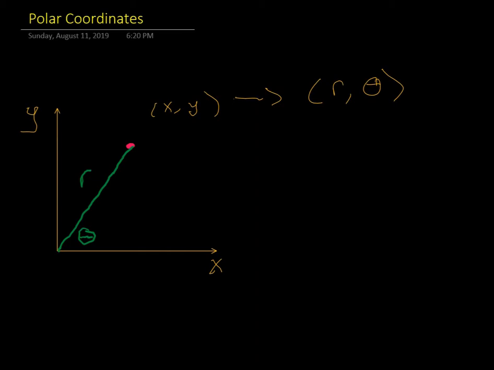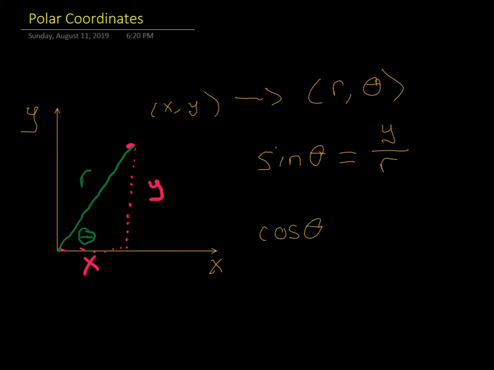Now, the quick little conversions, if you were to complete this as a little right triangle, and this is the y value and this is the x value, we could use right triangle ratios from trigonometry, so the sine of theta would be the opposite leg from theta of this right triangle divided by the hypotenuse, and the cosine of theta would be the adjacent leg of this right triangle over the hypotenuse.